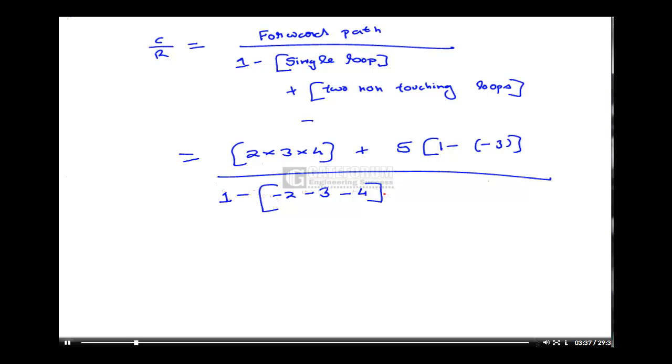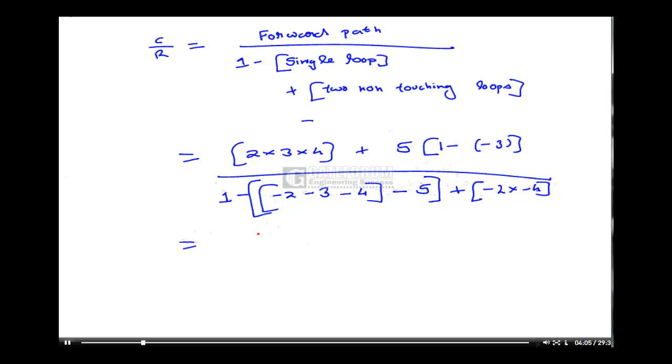Okay, then one more loop is there in this, minus 5. Okay, then the two non-touching loops, minus 2 into minus 4. Rest nothing is there.